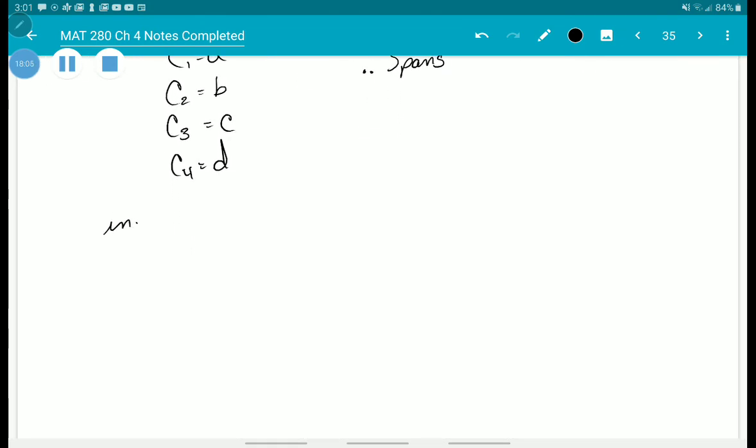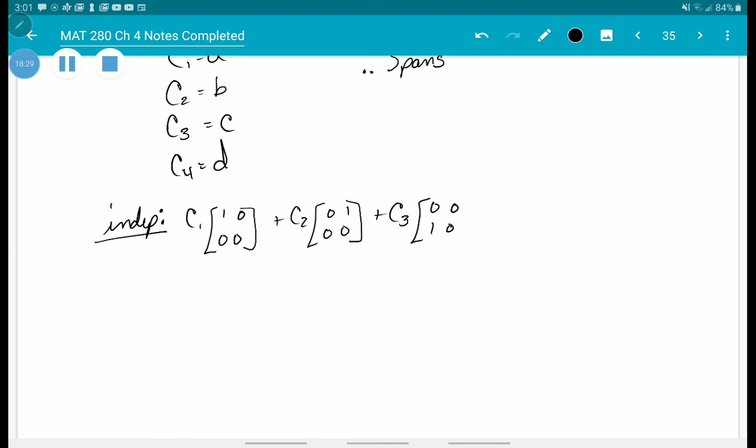So if we check for independence, there's our setup.